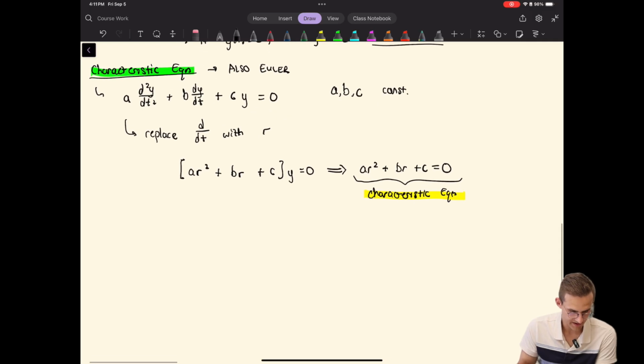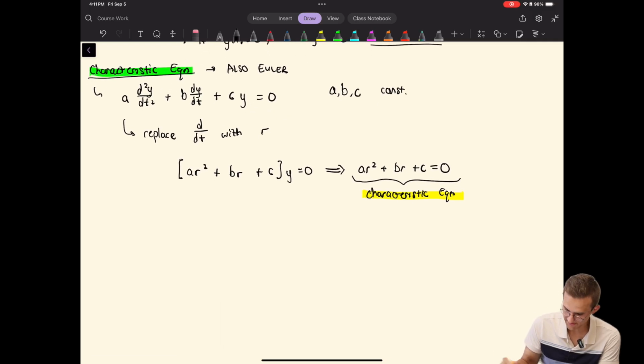And then we find the roots of this equation, which we'll call r1 and r2. This is just done using the quadratic formula, or factoring the equation.